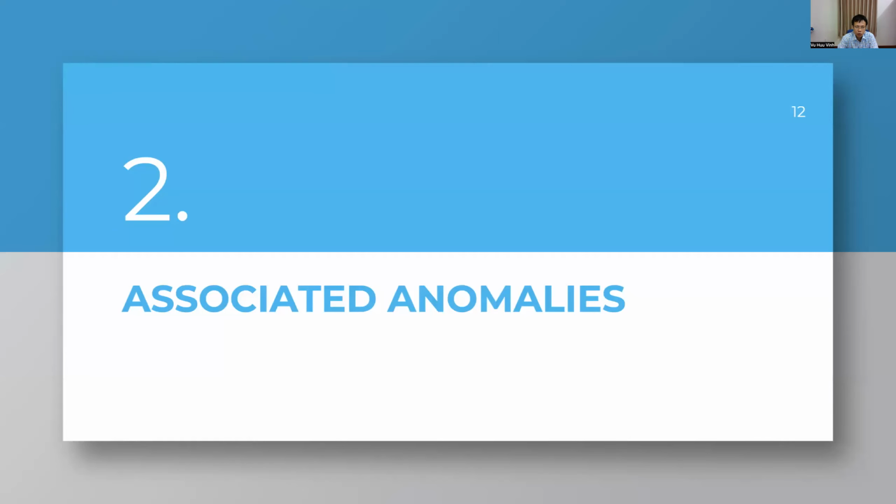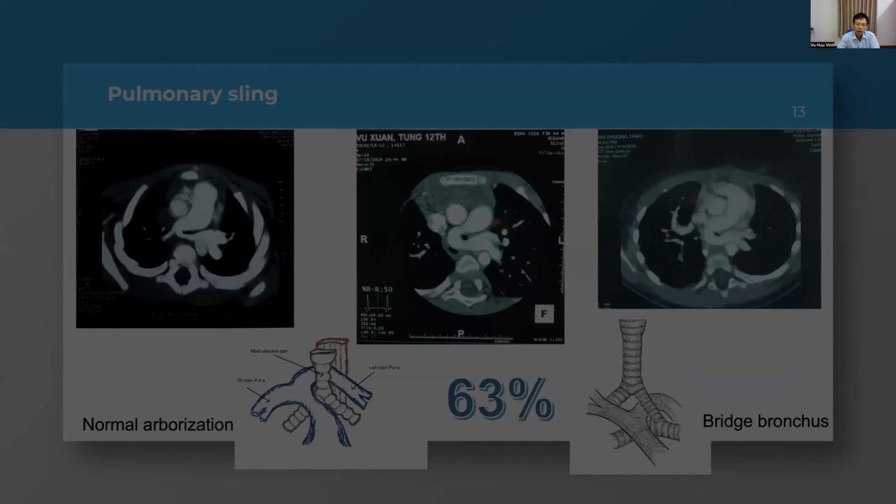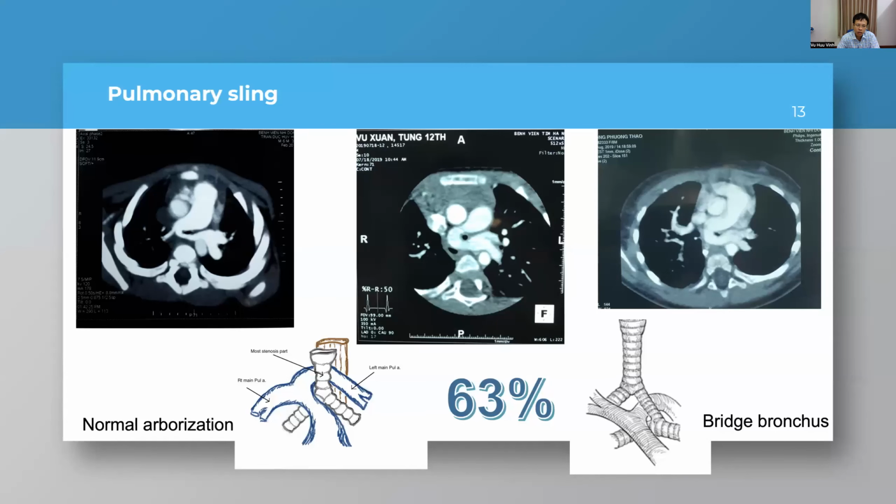And in part number two, I would like to say about the associated anomaly. The most common anomaly associated with tracheal malformation is the pulmonary artery sling, and the heart. The pulmonary artery has two branches, you know. So the main PA bifurcates into the left and right main PA in front of the trachea.